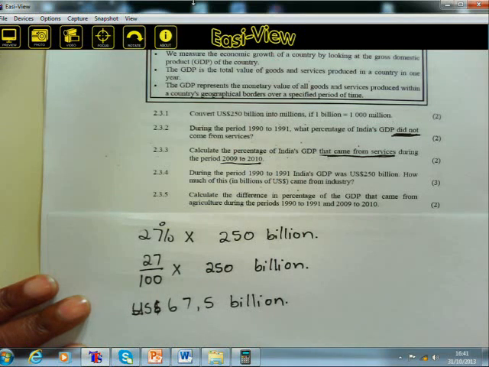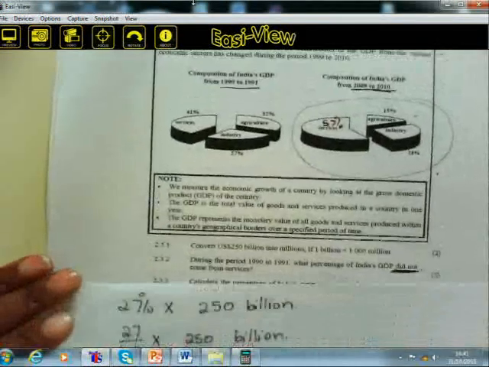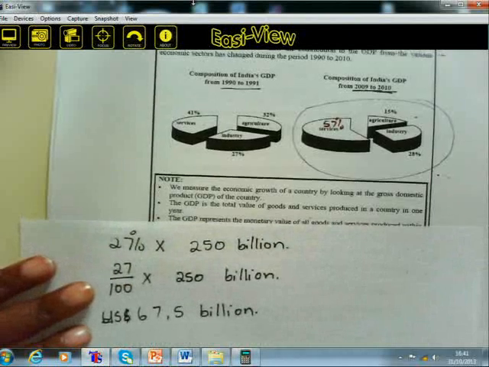2.3.5. Calculate the difference in percentage of the GDP that came from agriculture during the periods 1990 to 1991 and 2009 to 2010. Difference in percentage that came from agriculture. Let's look. 1990, agriculture.